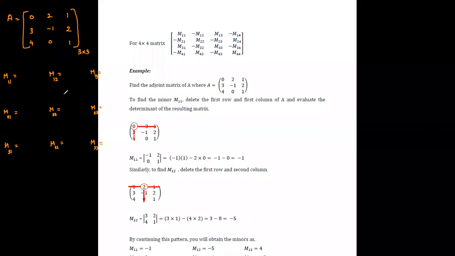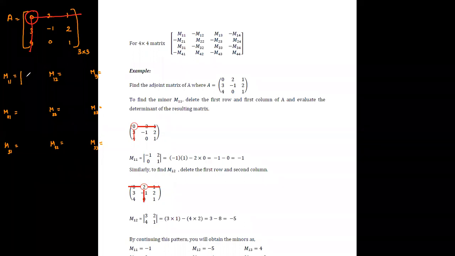Now we need to identify all these 9 minors. Therefore, what we have to do is use the concept that we have used previously. First, we need to identify the element in the first row, first column. Then cut down the row and column. Now we have cut down the row and column associated with the first row, first column element, and then I have to write down the remaining elements in this matrix after cutting down the row and column.